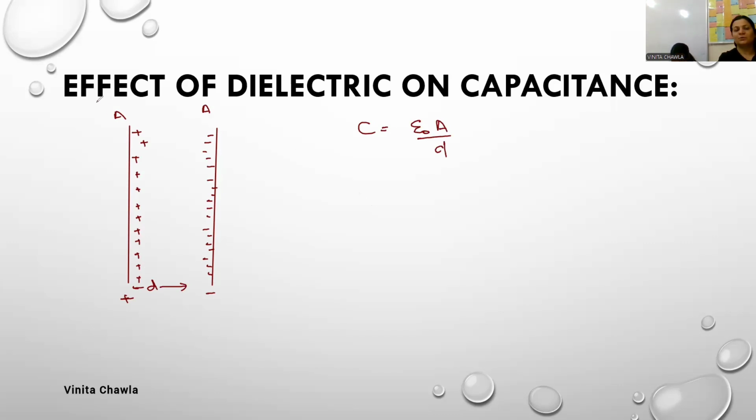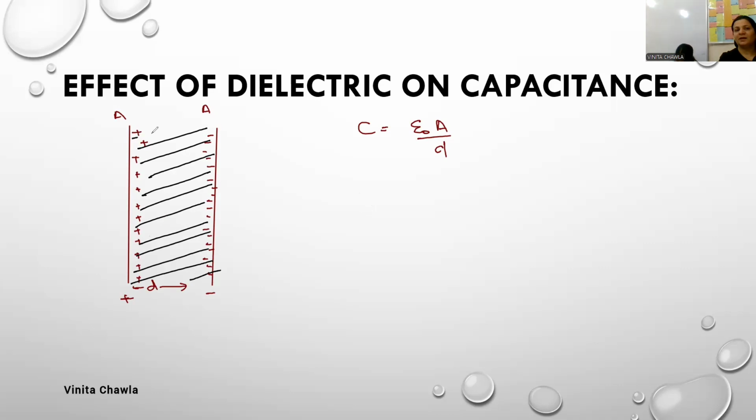Now we have this question: what if we place this capacitor in a medium which is not air? What if we have a dielectric medium between the plates of the capacitor, with dielectric constant K, let's say?